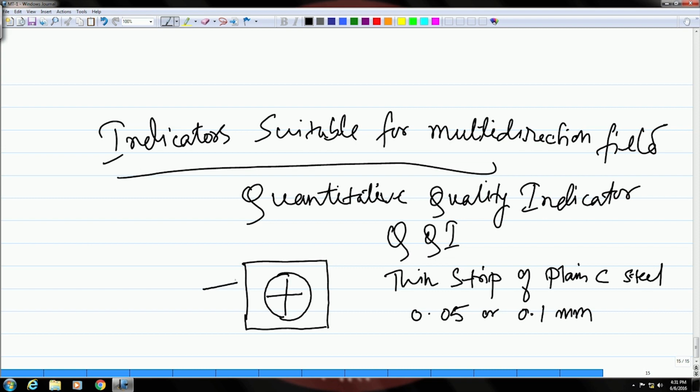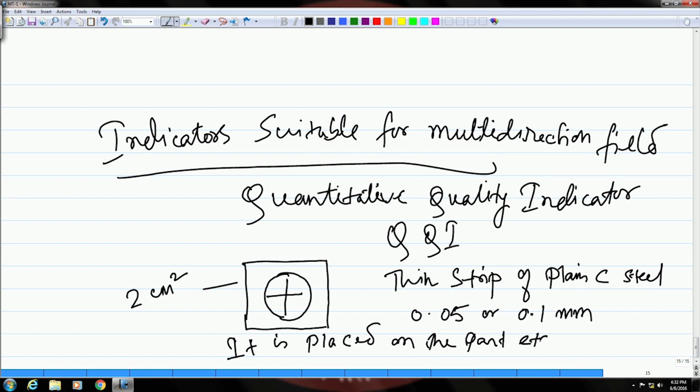So, this could be typically 2 centimeter square in terms of the size of the area, and like the previous case, it is placed on the part etched side down.